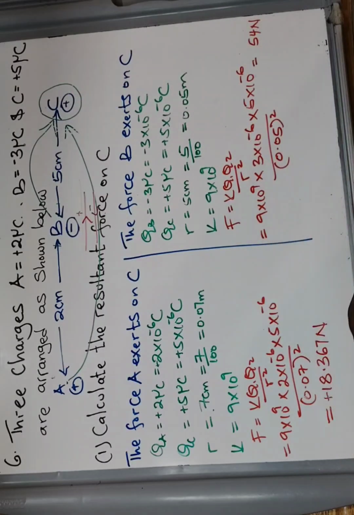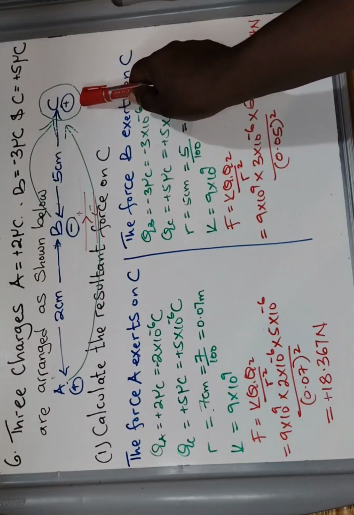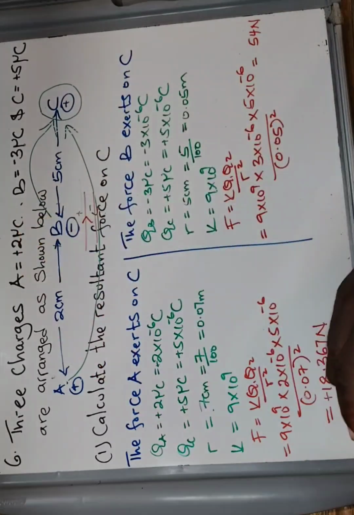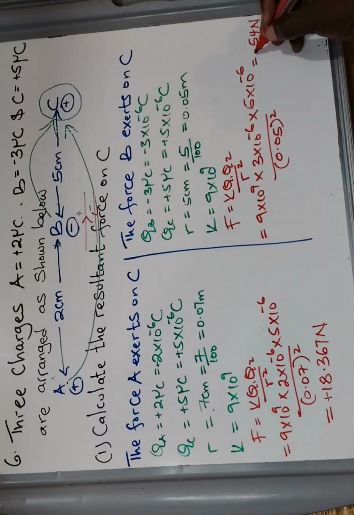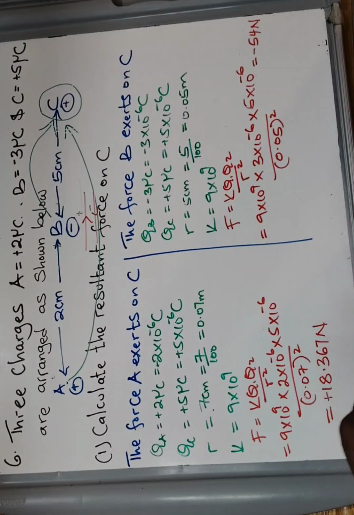They are unlike. And the question is, what happens between unlike charges? They attract. So attraction will make C move to B, and that movement is negative. So what we have here is negative 54.